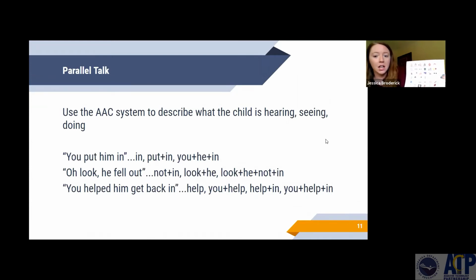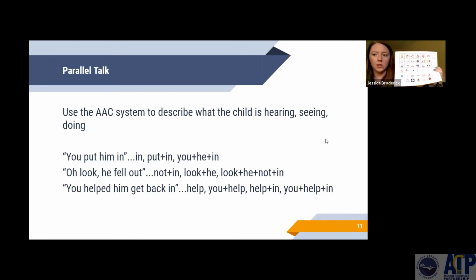I might say, look, he not in. I wouldn't say that, but look, he's not in. So what I would model was the words, look, he not in. And so we are verbally saying the correct model, with the correct grammar and all the words, but what we're modeling is just those single words that have that meaning.